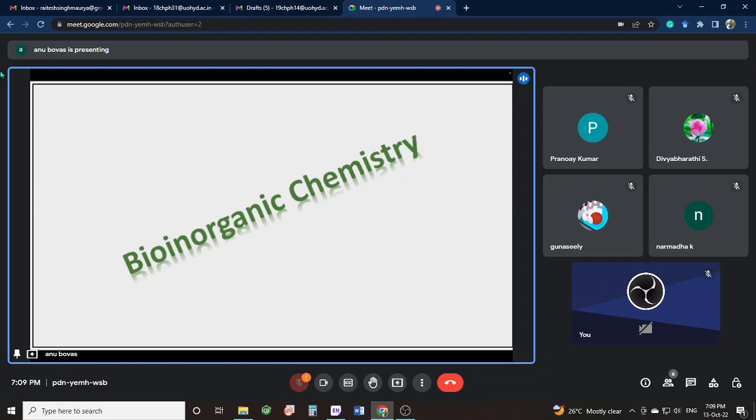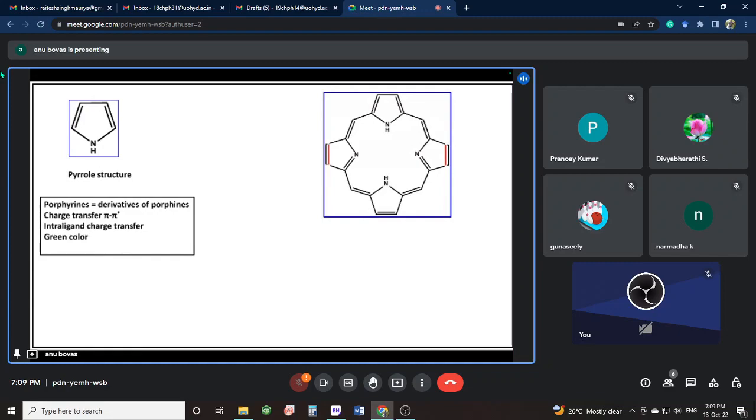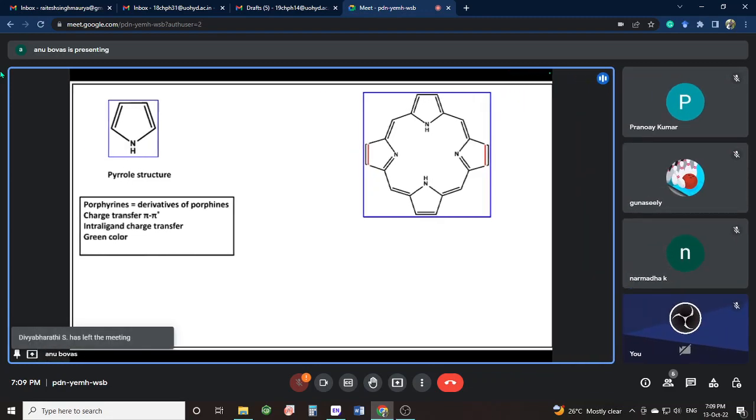So let us move on to learning about hemoglobin, myoglobin, etc. Last time the cobalt containing ring system was the corrin ring system, right? So this time the ring system is the porphyrin ring system. These ring systems are important because they might ask what the ring system in vitamin B12 is. That we learned last class, which is the corrin ring system, and in this class hemoglobin, myoglobin, chlorophyll, everything contains the porphyrin ring system.